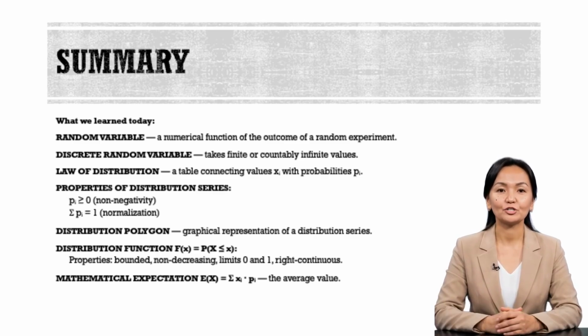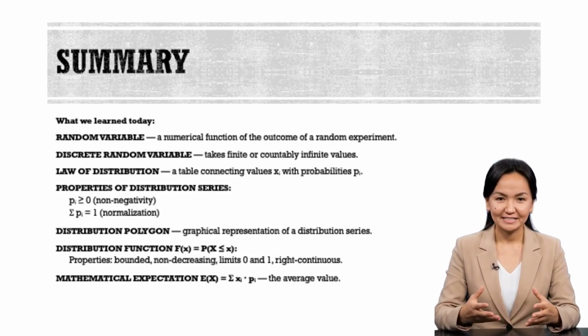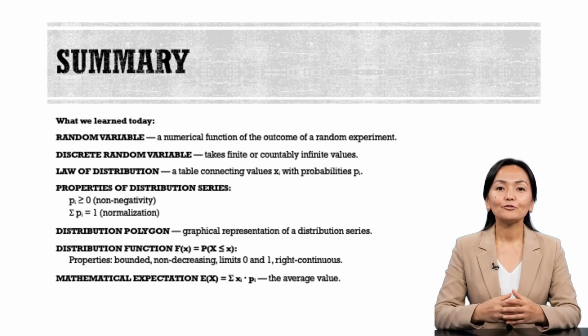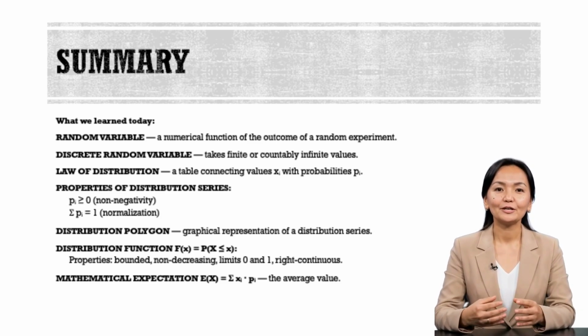The distribution function F(x) equals the probability that X is less than or equal to x, and it has 4 key properties: boundedness, monotonicity, limits, and right continuity. Finally, the mathematical expectation E(X) gives the average value. The key takeaway is that the law of distribution gives us a complete description of a discrete random variable.